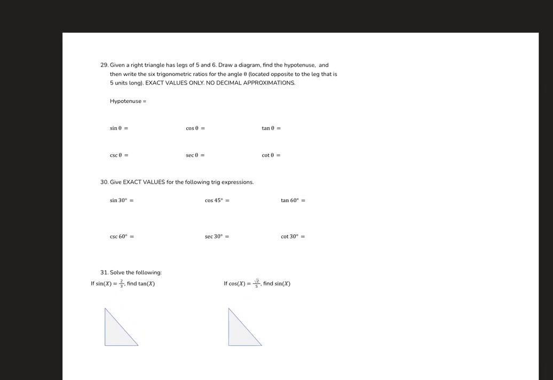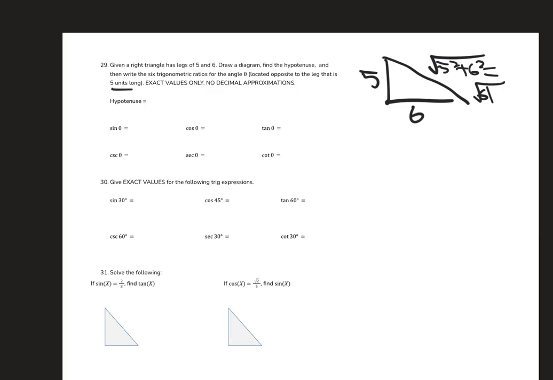All right, a right triangle has legs of 5 and 6. So let's say this is 5, this is 6. So the hypotenuse would be the square root of 5 squared plus 6 squared, which equals root 61. Okay, so the sine of theta, where theta is the angle opposite the 5 unit long side, would be opposite over hypotenuse, 5 over root 61, which means the cosecant would be root 61 over 5.